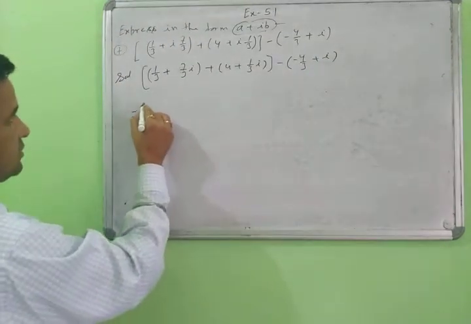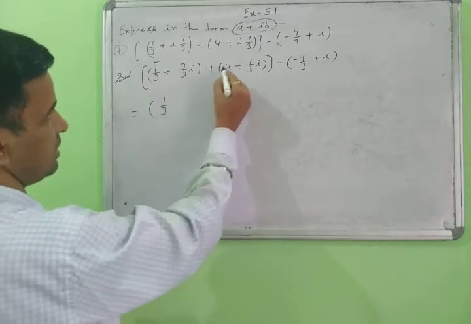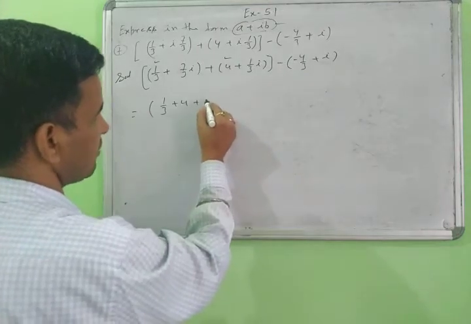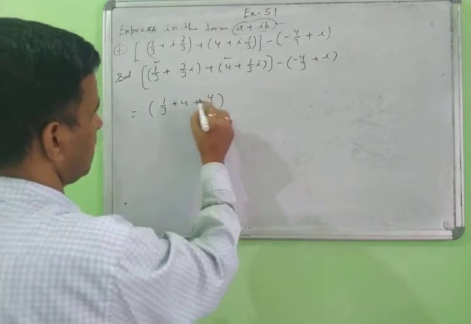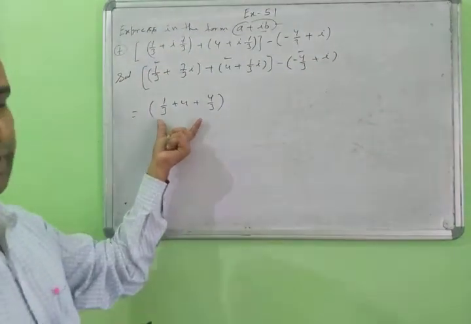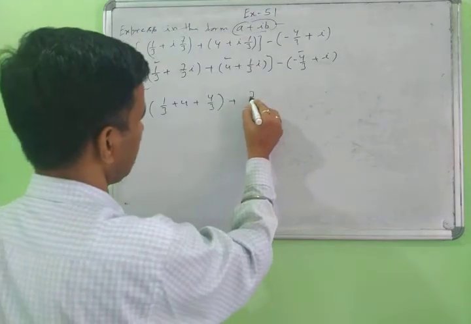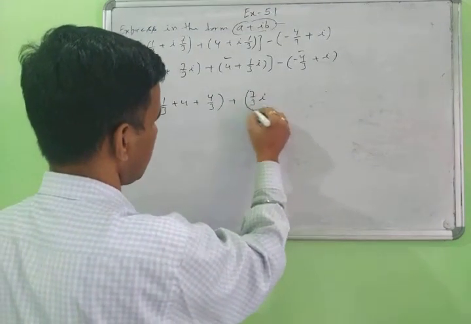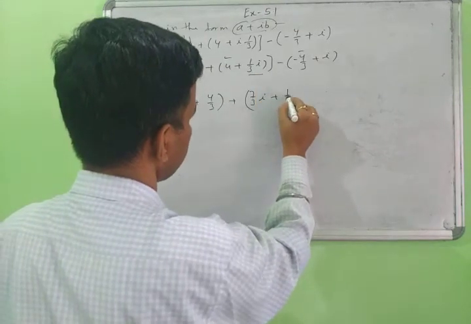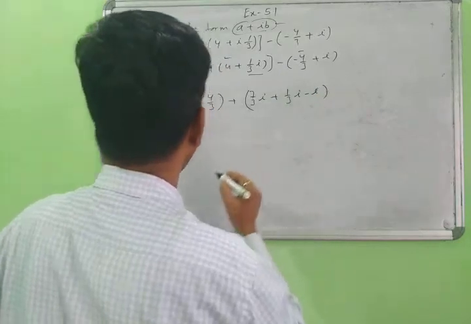We start the solution here. 1 upon 3 is a real number, next real number here 4, and minus minus plus, next real number here 4 upon 3. First I put these real numbers in one bracket. After that the imaginary numbers: plus 4 upon 3 iota, this complex number, plus 1 upon 3 iota, and plus minus here minus iota.